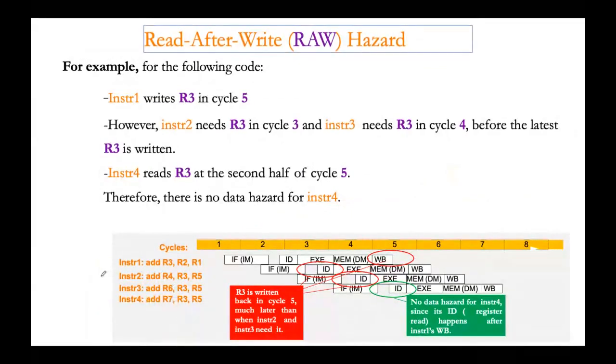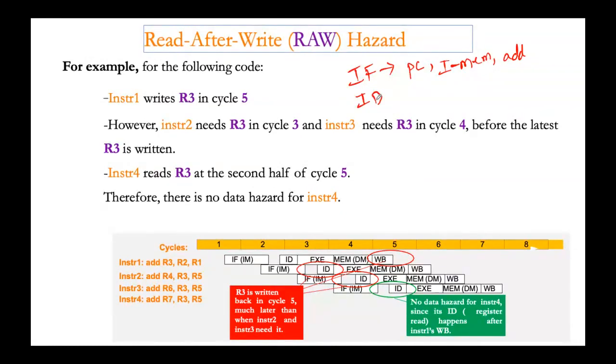Then how are these instructions going to be executed? In the structural hazard, we have seen how instructions utilize the functional units. In instruction fetch, the functional units used are the program counter, the instruction memory, and the adder, which is used to add PC plus 4 bytes.